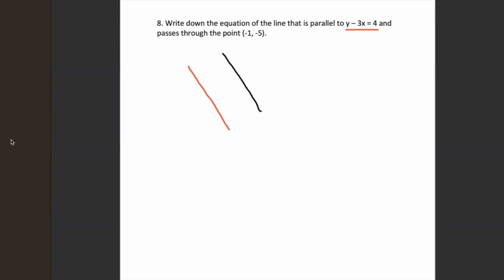So this one maybe has the equation y minus 3x equals 4. They want us to find out the equation of this line. And they have given us a point minus 1, comma minus 5, which actually lies on this straight line. So maybe this is the point minus 1, comma minus 5. So that's the question.